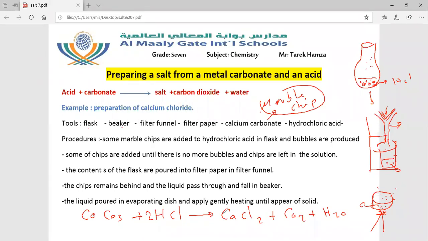Calcium carbonate, CaCO3, plus 2HCl, hydrochloric acid, produces calcium chloride, CaCl2, plus CO2, carbon dioxide, plus water, H2O. Understand? Yes. Okay. Thank you, mister.